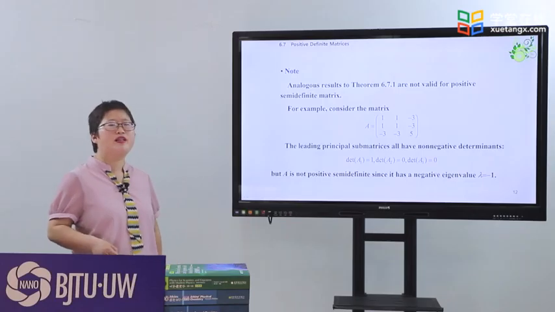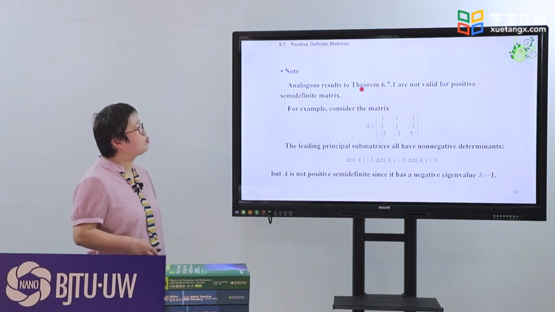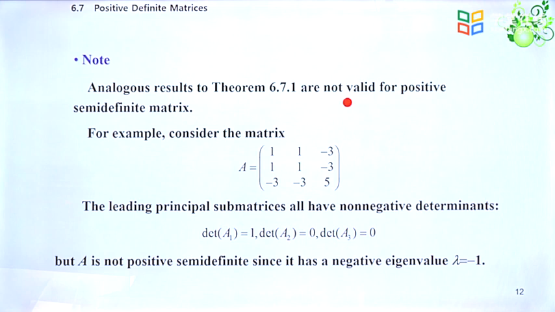Here we make a note that results analogous to theorem 6.7.1 for positive definite matrices are not valid for positive semi-definite matrices. For example, consider this matrix A. The leading principal submatrices all have non-negative determinants. The determinant of the first leading principal submatrix is 1.